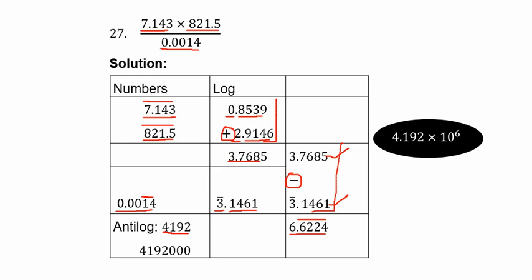4192. To insert the point, we have 6 in the integer part, so you need to add 1 to it. So it means that you have to move 7 steps ahead from the left. So when you do that from here, you have 1, 2, 3, 4, 5, 6, 7.